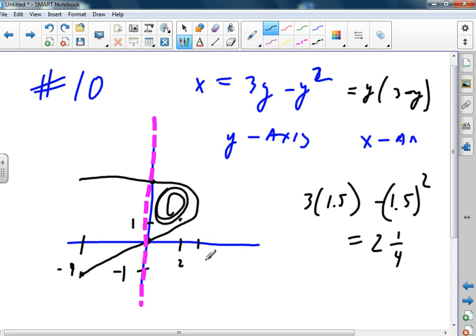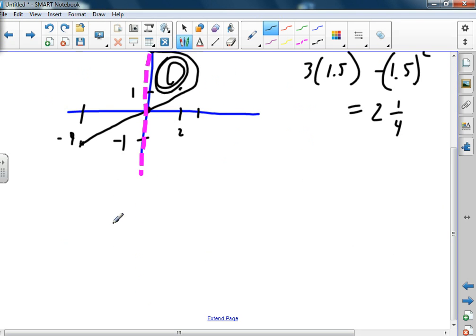We need to write it as a function in y. How is that guy going to be a function? Okay, so I already have the function in y. So I might be there already.